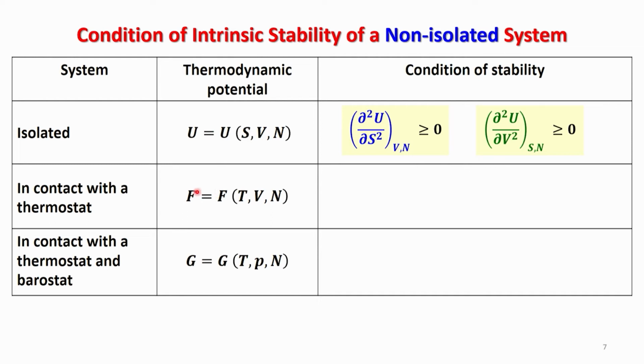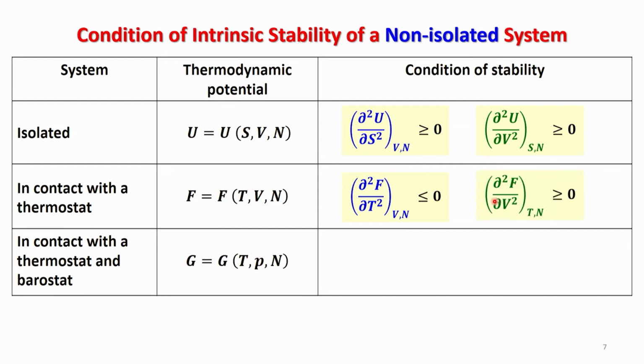So, F is a Legendre transformation of U with respect to S. And now what would be ∂²F/∂T²? That would be the reverse of the behavior of ∂²U/∂S², and therefore, I say that ∂²F/∂T² must be less than or equal to 0.